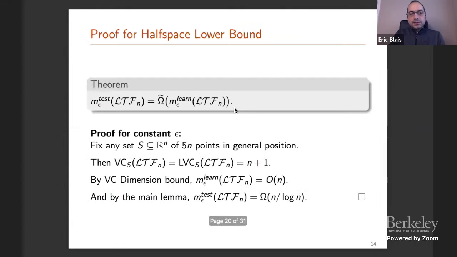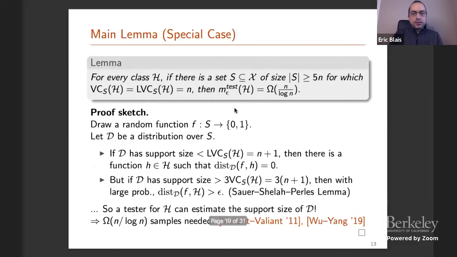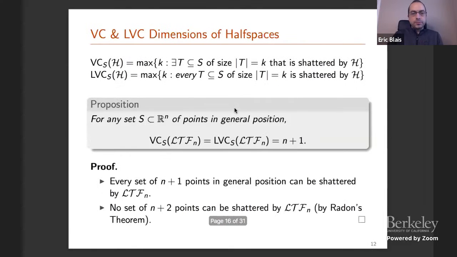Everything I've said applies as is until I get to the point, for example, here, where I'm talking about points in general position. We just need a slightly different argument to argue about VC and LVC dimension for half spaces.